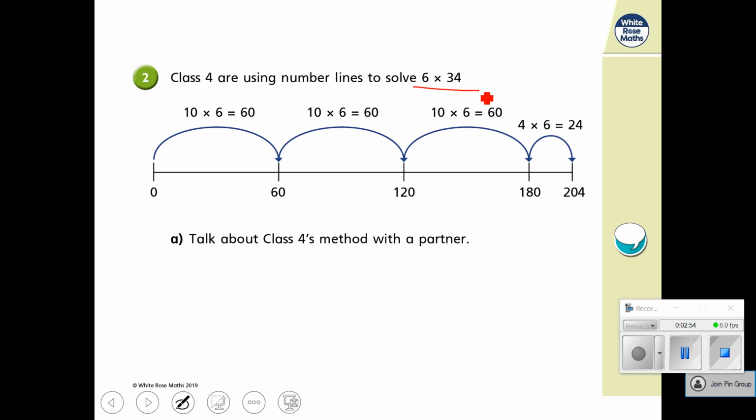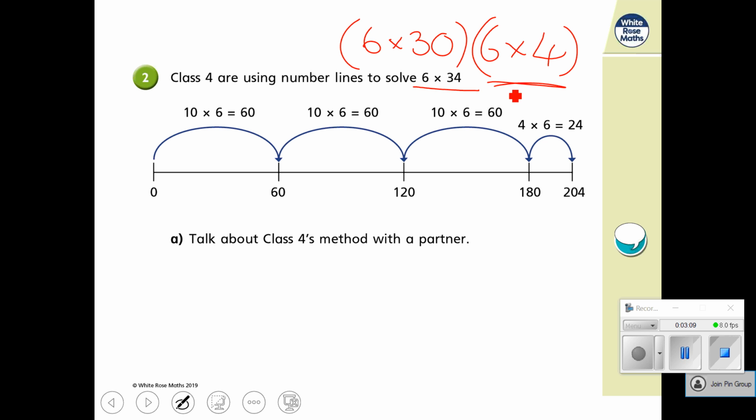So I'm going to say I've got 6 times 30, add 6 times 4. We can see the 6 times 4 here at the end of the number line. It's also the same as 4 times 6 due to the law of commutativity.